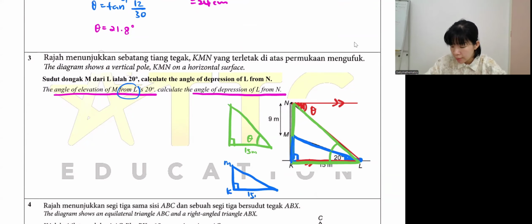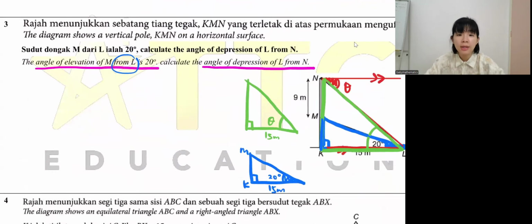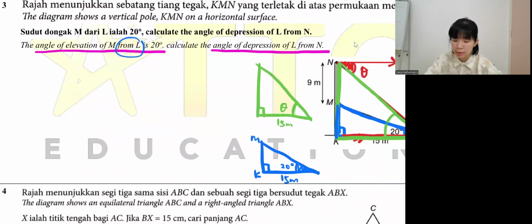We have 15 meters and we have the angle 20 degrees. So to find MK, use sine, cos or tangent. We label the opposite of 20 degrees as O, this is H, and this is A. What decision do you make?